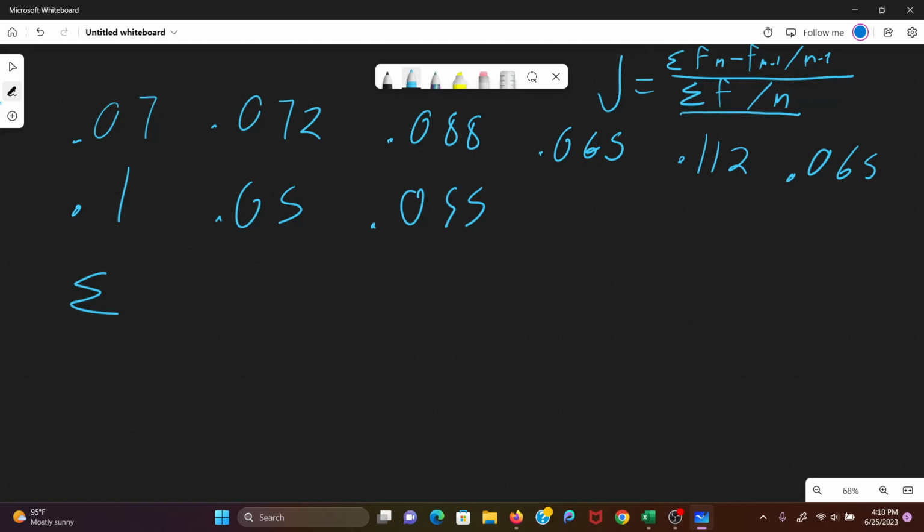I can't read it. So 0.07 plus 0.072 plus 0.088 plus 0.065 plus 0.112 plus 0.065 plus 0.1 plus 0.05 plus 0.055 is 0.669.